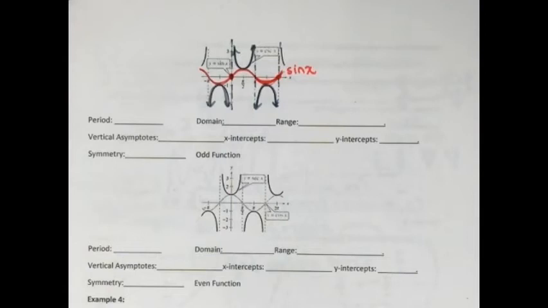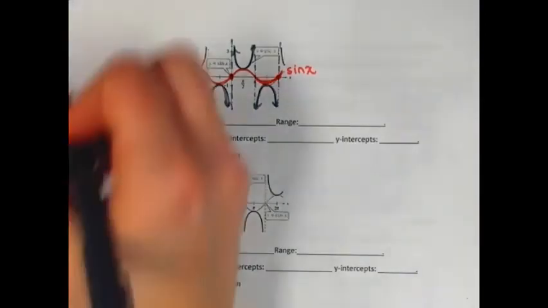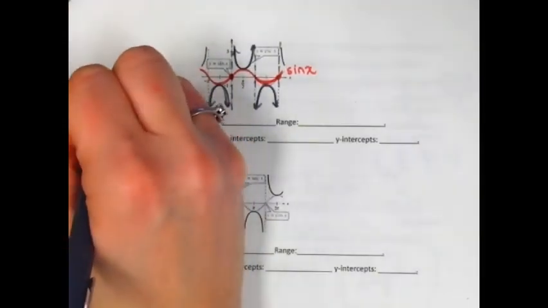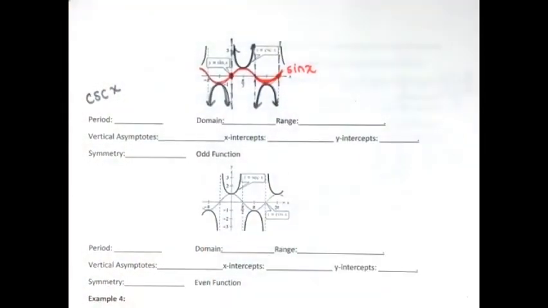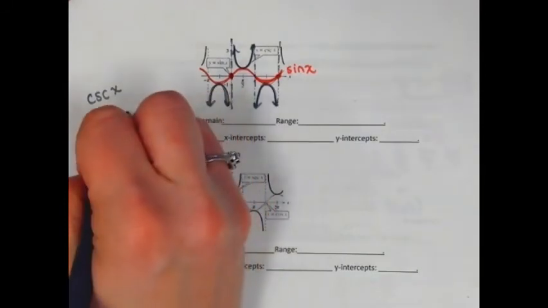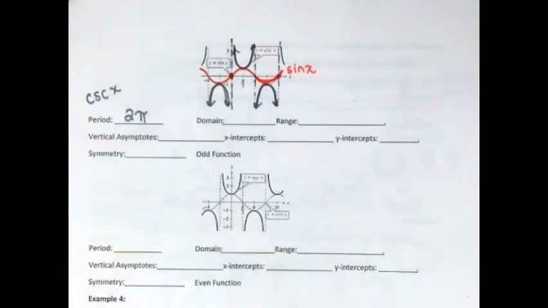So what is the period of a cosecant curve? What is the period of a sine curve? 2 pi. So cosecant is still 2 pi.